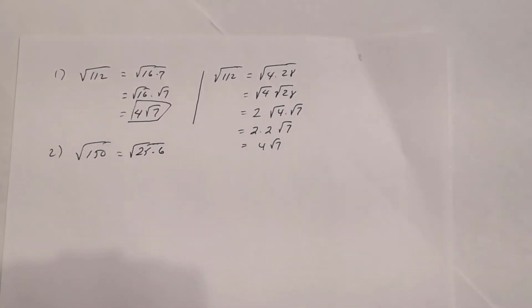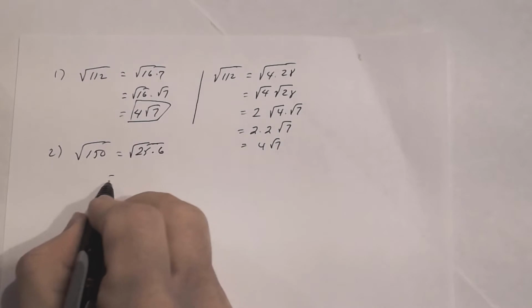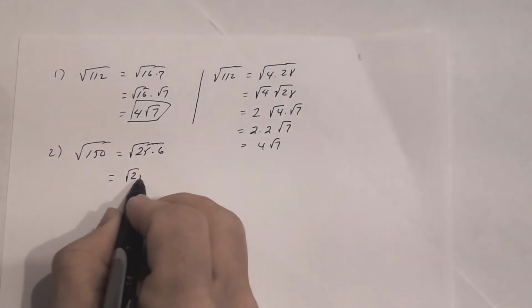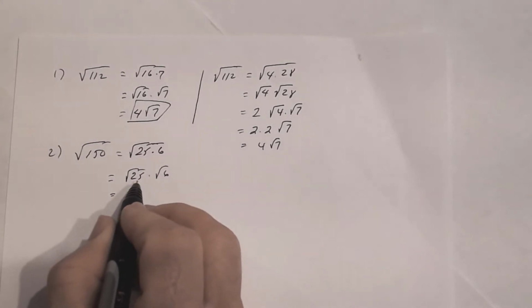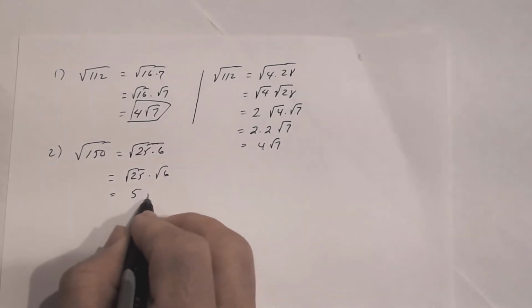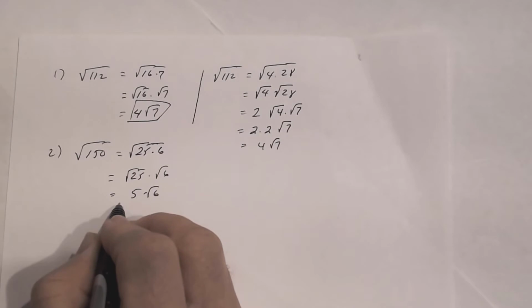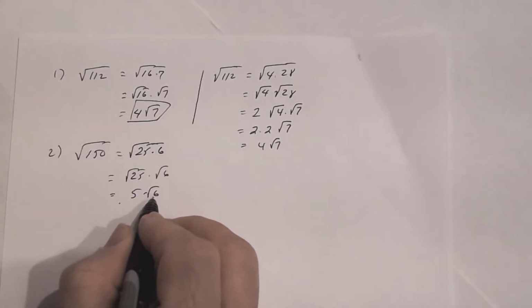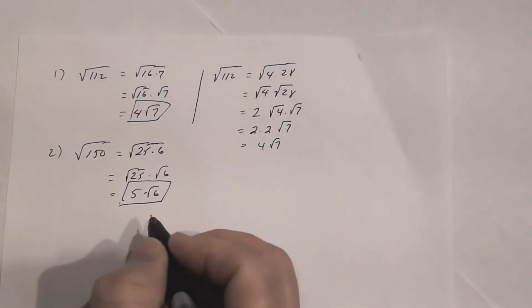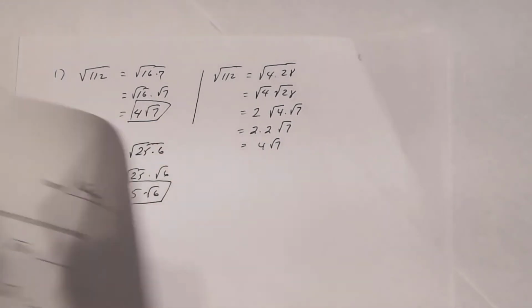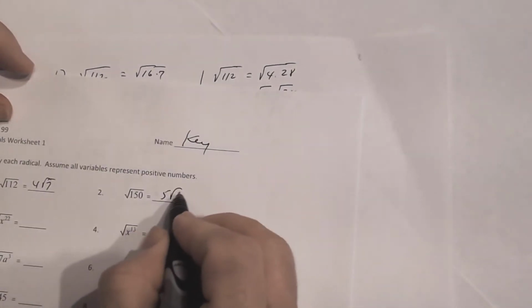And remember, using the product rule, I can rewrite this as the square root of 25 times the square root of 6. And the square root of 25 is 5. So you get 5 square root of 6. And I cannot simplify the square root of 6 because the only perfect square that goes into 6 is 1. So that's answer number 2: 5 square root of 6.